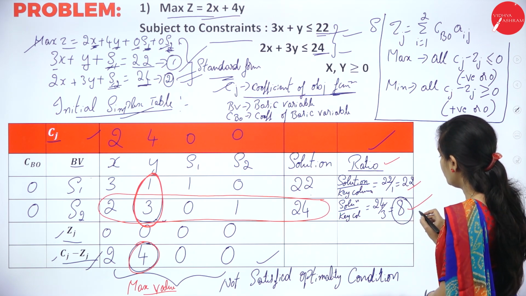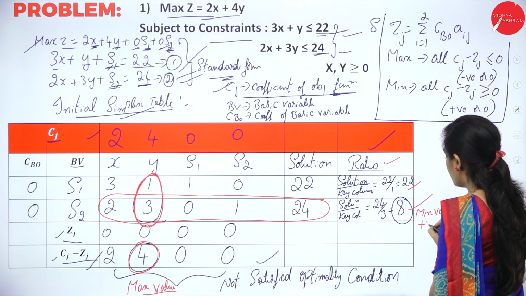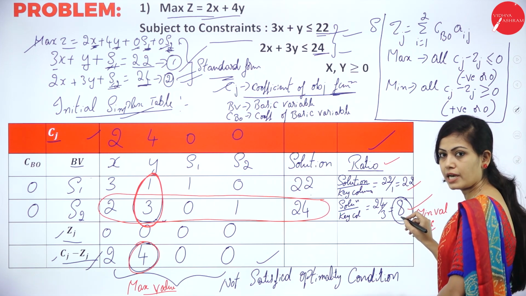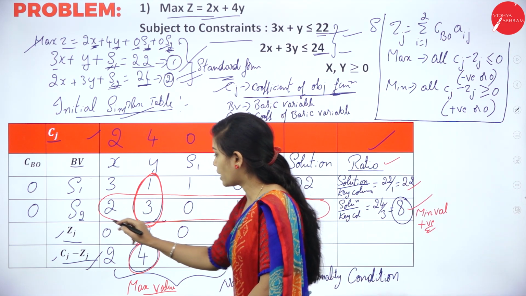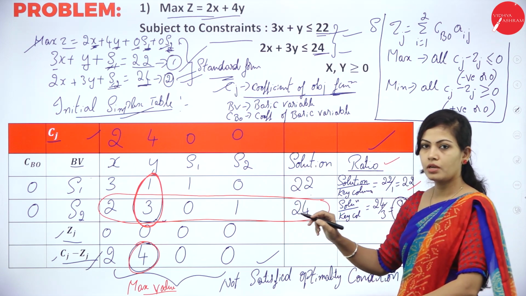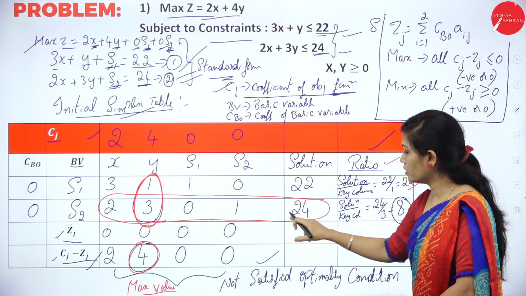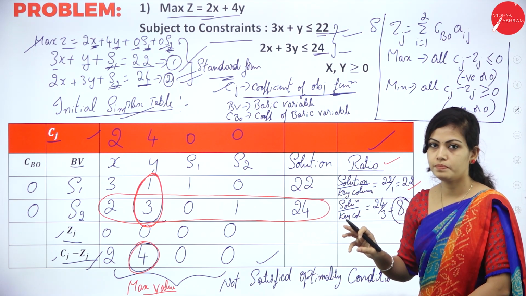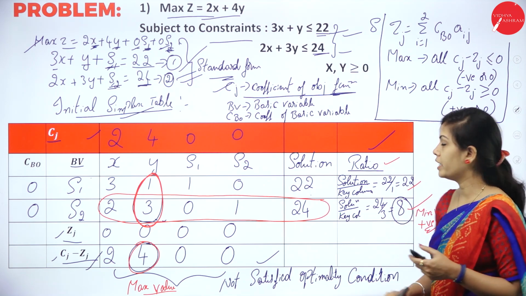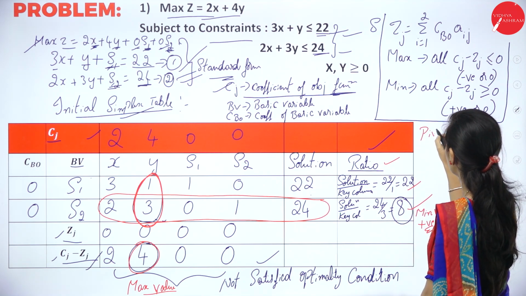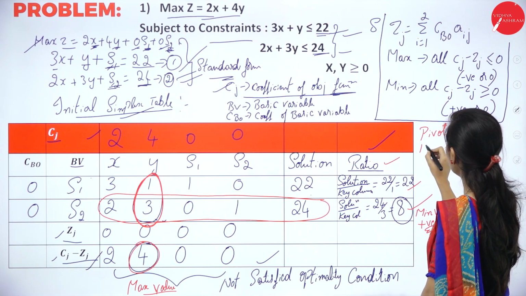The minimum positive value is 8, and it comes under the row S2, so this is my key row. This is the key column and this is the key row. Including the solution, you have to mark the key row. And after this key row and key column, you have to find the pivot element, or key element.